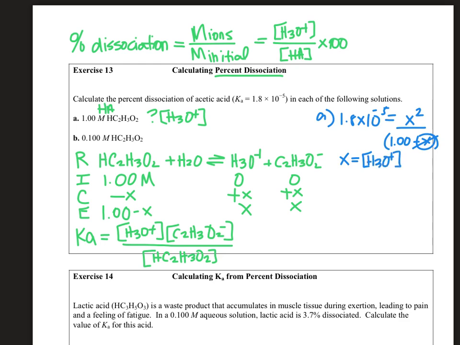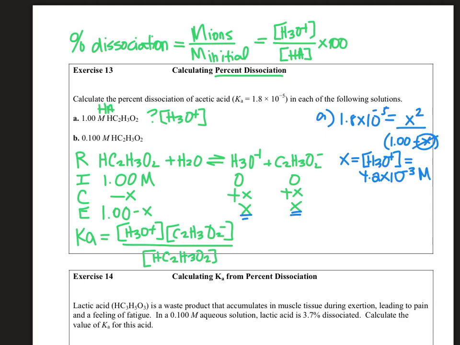If we didn't know that, we would come back over here and look at what X means: it's the conjugate base and it's the acid. So when we solve, we end up with 4.2 times 10 to the negative 3, sig figs. Is that right? Yes. 4.2 times 10 to the negative 3 molar.